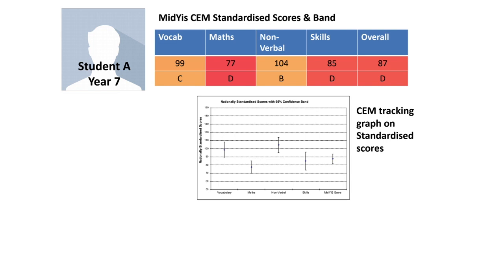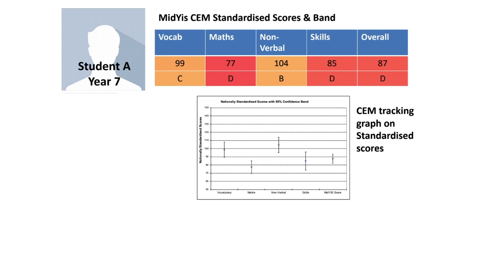Now, underneath is a nice little graph. What we're interested in is those bars where they do not overlap. So you can see the math score there is very, very low on that bar when you compare it to the non-verbal and the vocabulary. So that allows us to ask some good questions about it. Do we need to use the vocab more to help them with the maths?